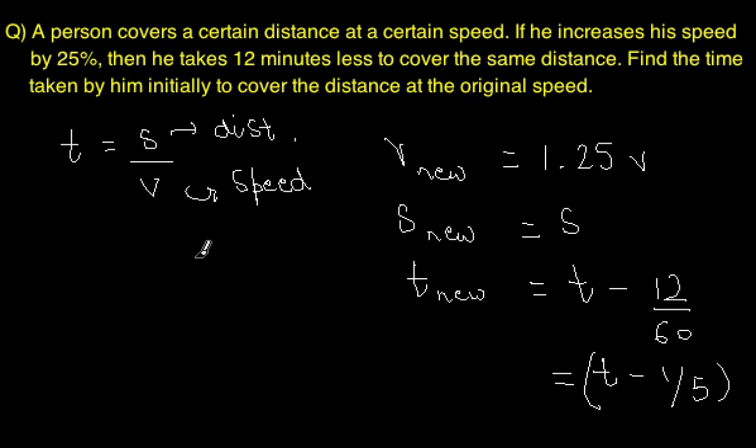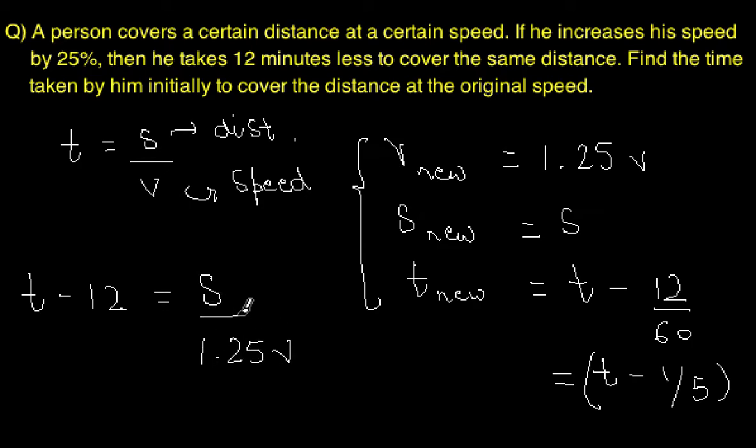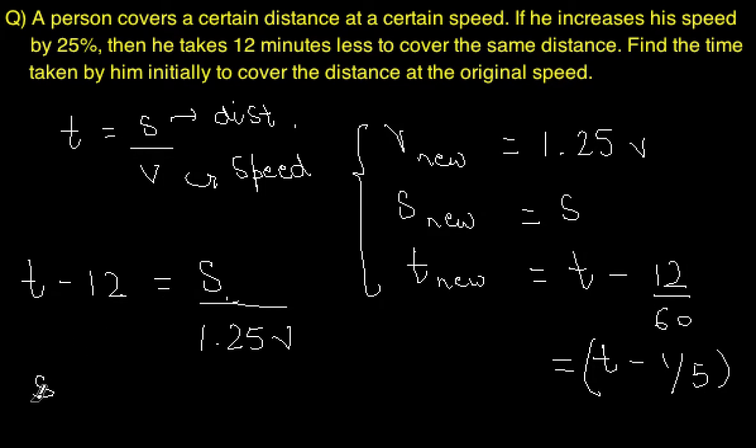Now we can simply use this same formula for the new condition. So we'll get t minus 12, let's keep it in minutes right now, is equal to distance upon speed, which is s upon 1.25 v. Okay, so we already know that t is equal to s upon v, so we can write s upon v minus 12 is equal to s upon 1.25 v.